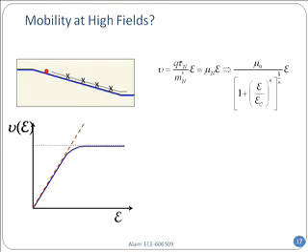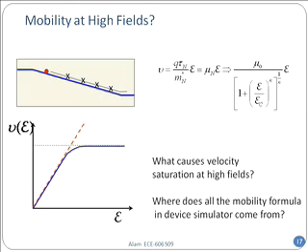Okay, that's fine. But if you exceed a critical electric field, and for every material the critical electric field is slightly different, no matter how much you pump in the electric field, electrons are not going faster anymore.